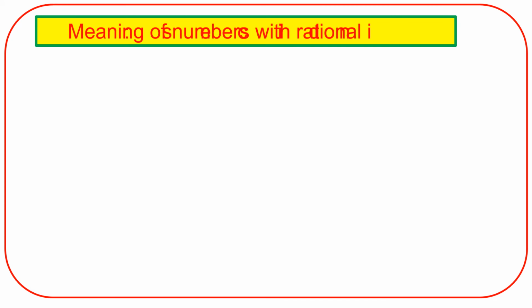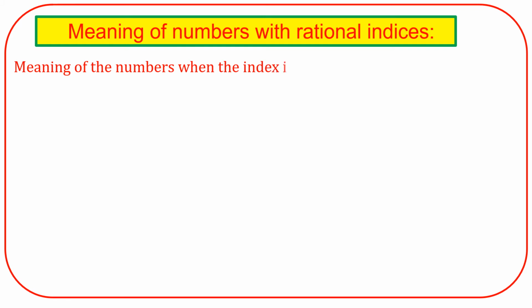Meaning of numbers with rational indices. Meaning of the numbers when the index is a rational number of the form 1 upon n.